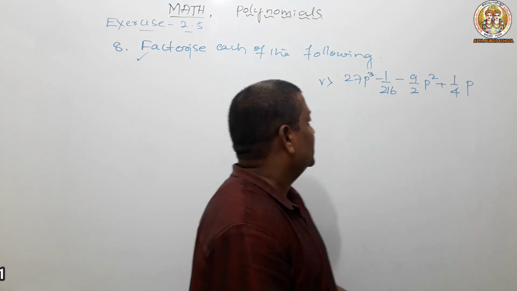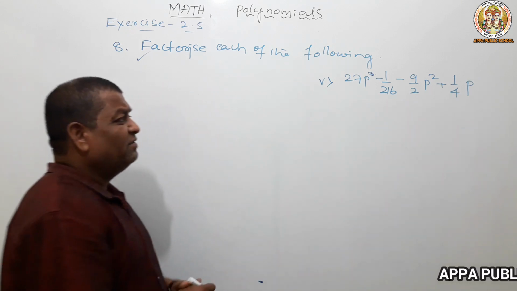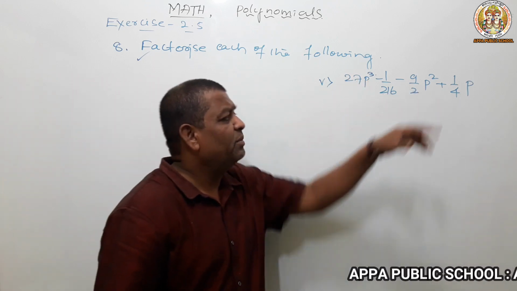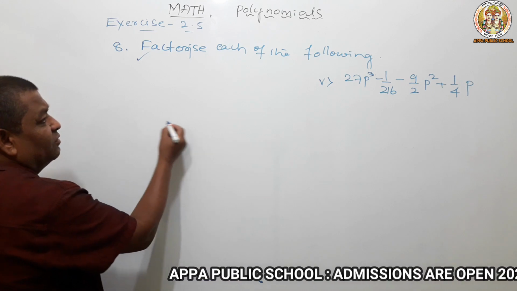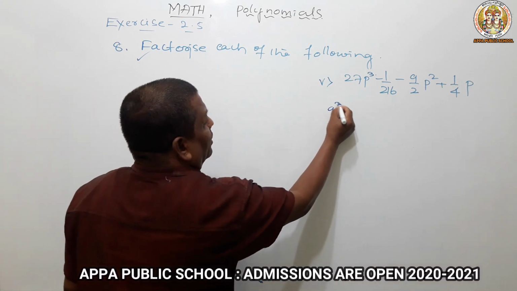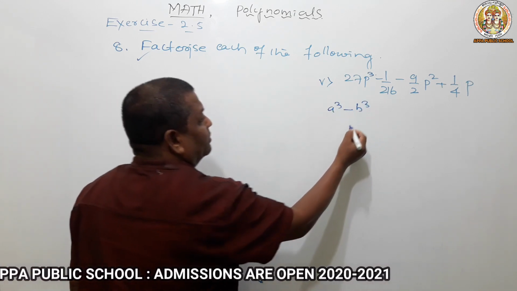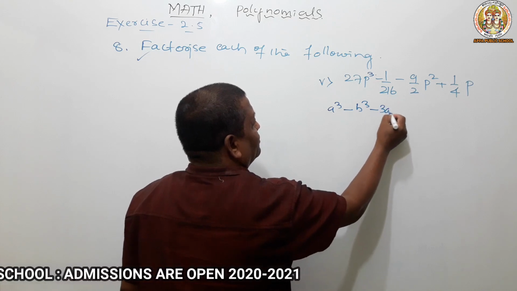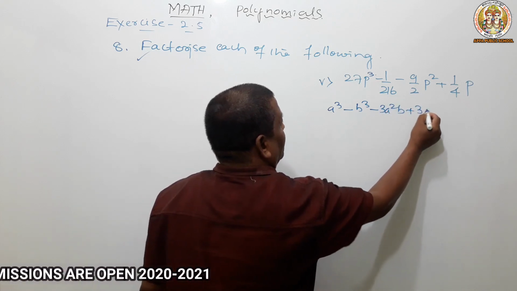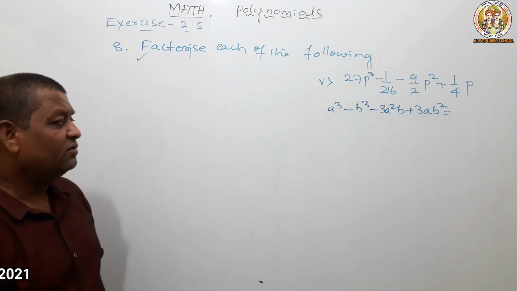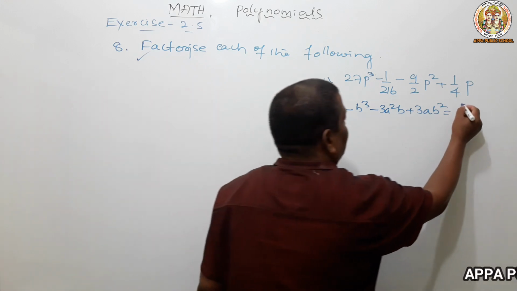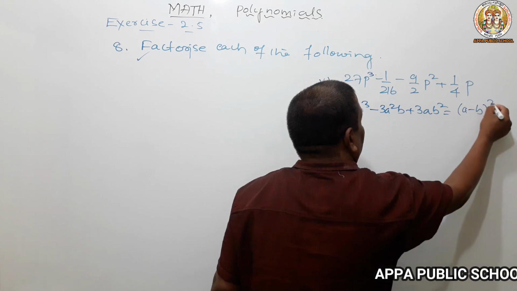Okay, this is the question. Once again, cube, so many minus signs. So I am judging myself. Yes, it is in the form of a cube minus b cube minus 3a square b plus 3ab square. What is the formula of this? Definitely a minus b whole cube.